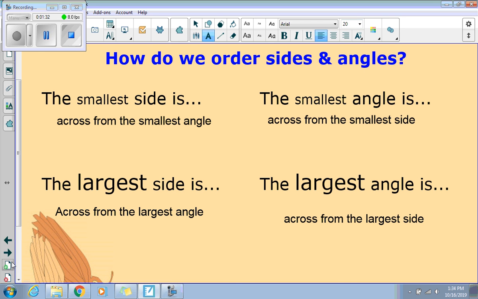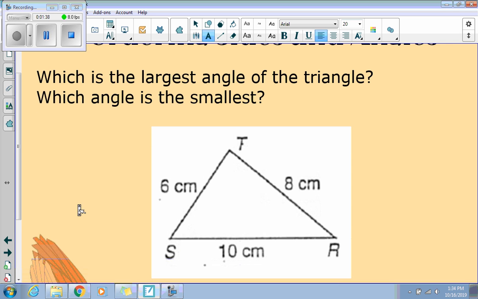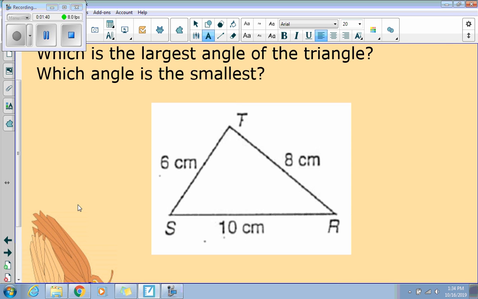Okay, so let's put that into action here. We're asked which angle is the largest and which angle is the smallest. The quickest way to go about doing this is to take your hand, your finger, anything, and cover up the numbers on the sides. So I'm going to use a rectangle here to move.